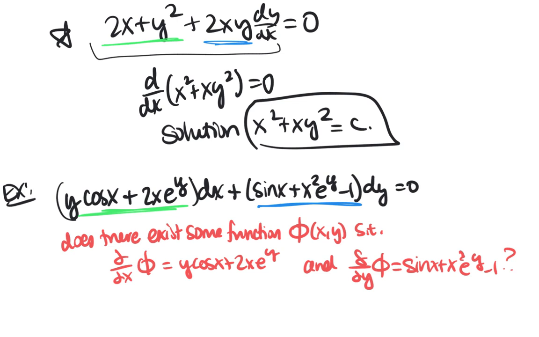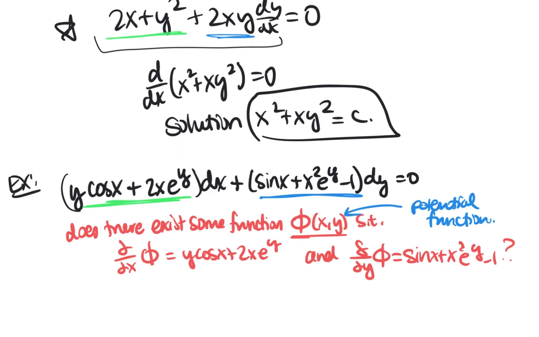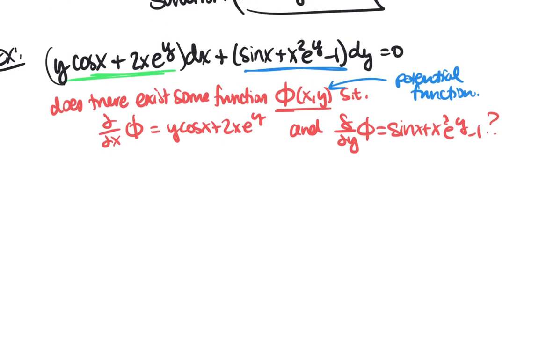If this phi exists, it is called a potential function. Okay, and so we want to know, does this potential function exist that has these partial derivatives? If it does, then our solution is just phi is equal to a constant. But how do we test? How can we tell?